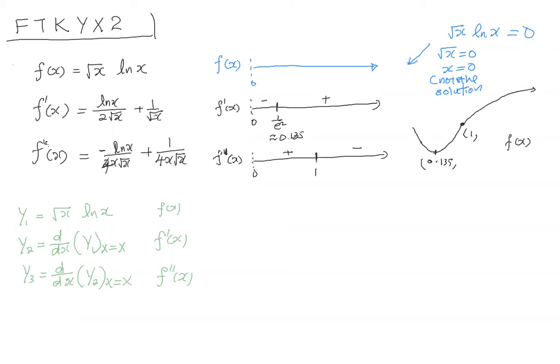Yeah, someone has answered me, not the solution because x equal to 0 is not part of the domain. So ln x equal to 0. So x equal to e to the power of 0. So x equal to 1. So it happened at 1.